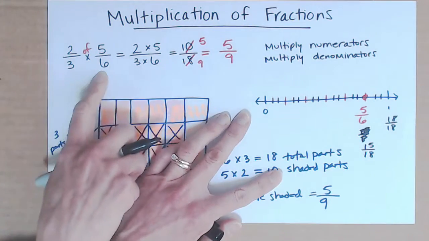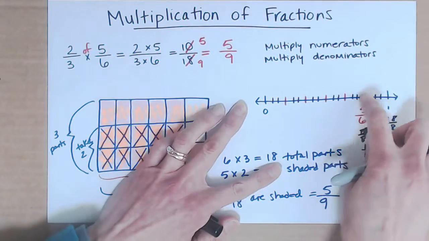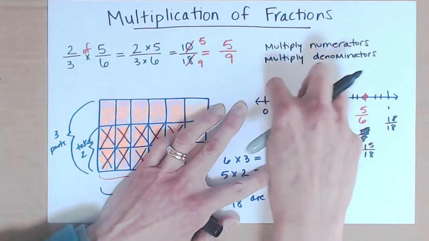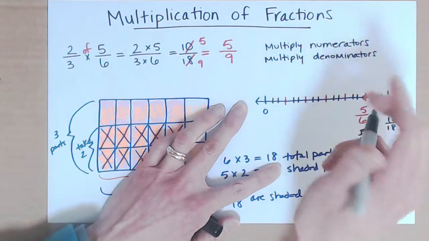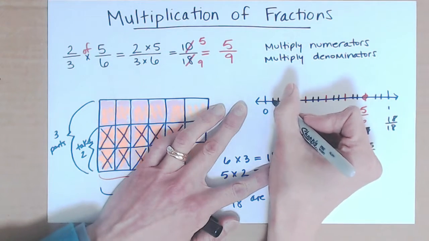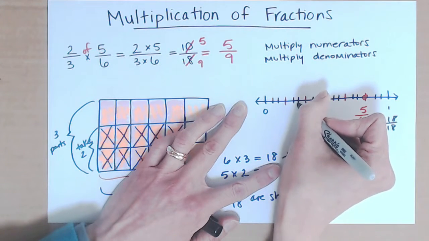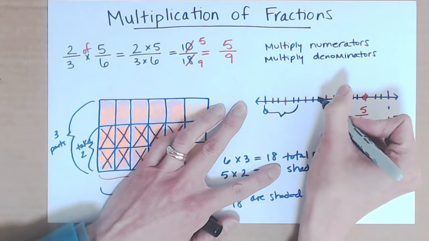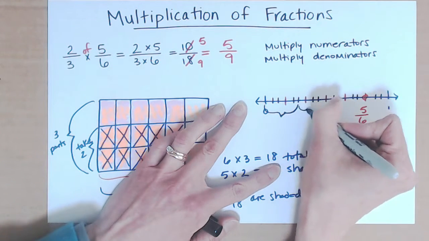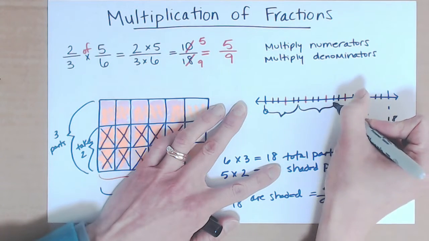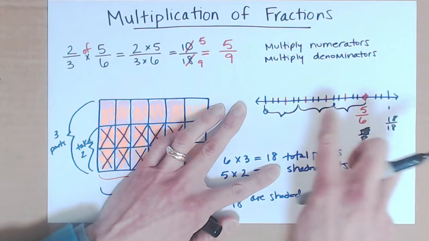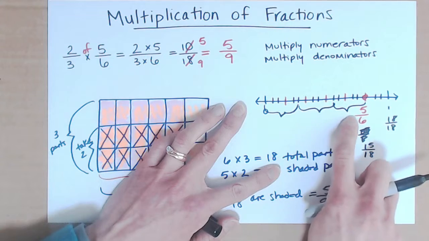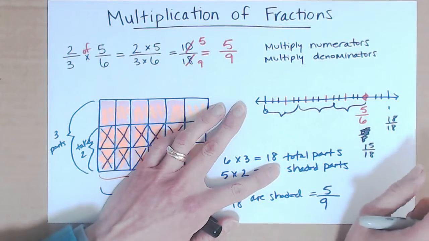Now we want to take 2/3 of the 5/6. If we take these 15 and divide it into thirds, we would get groups of 5: 1, 2, 3, 4, 5, then this one, and the last 5. So we have 1/3, 2/3, 3/3 of the 5/6.